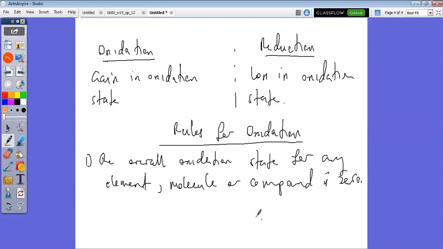Are we together? Overall oxidation state for any molecule or element is 0.